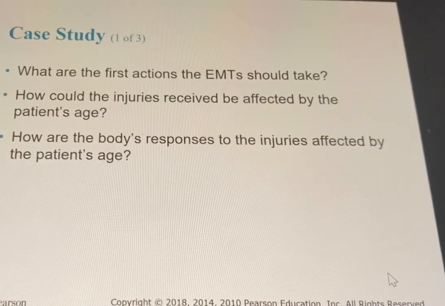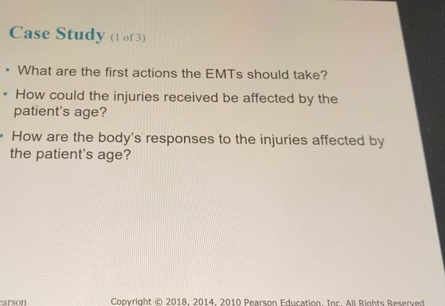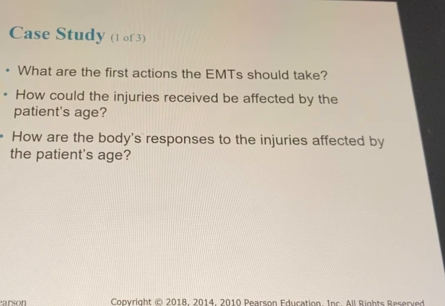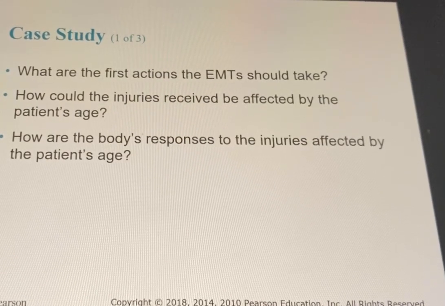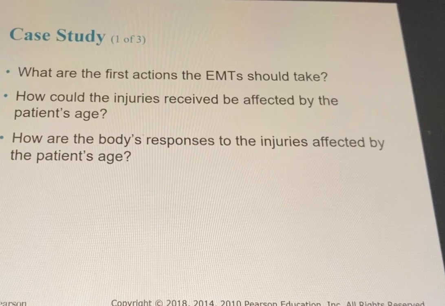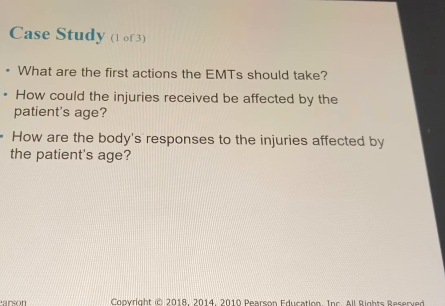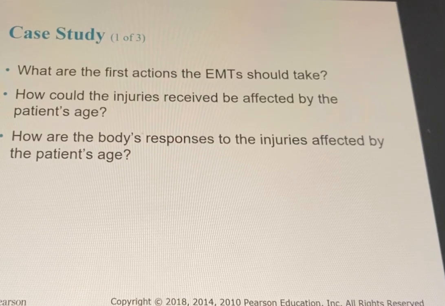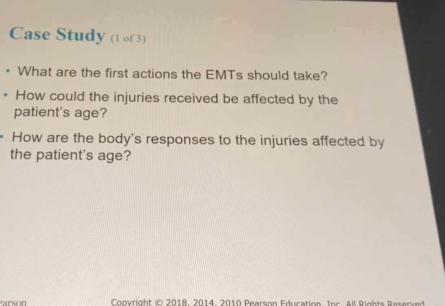Okay. So, what are some of the first actions that the EMT should take? Is C-spine going to be indicated in this? What would your scene size up be? Your general impression. How could the injuries received be affected by the patient's age? Was she altered or unresponsive?